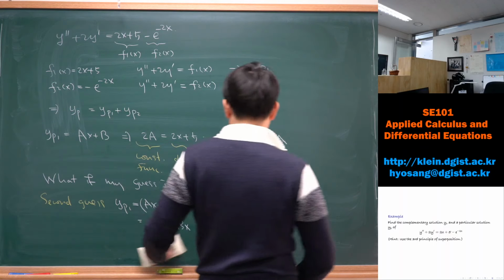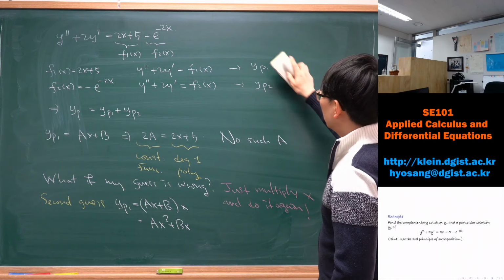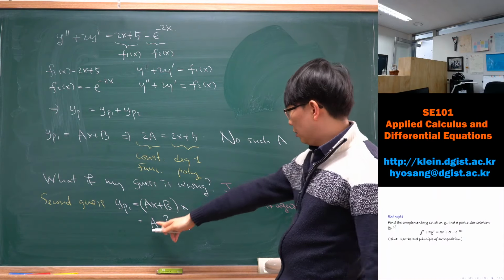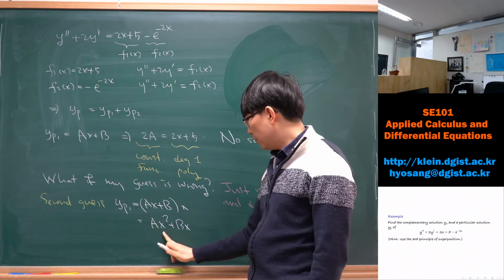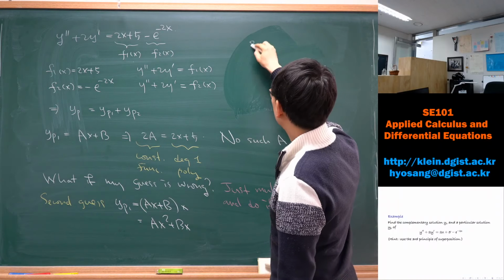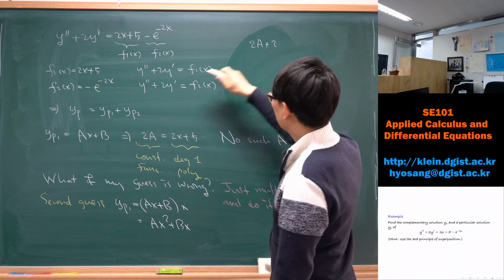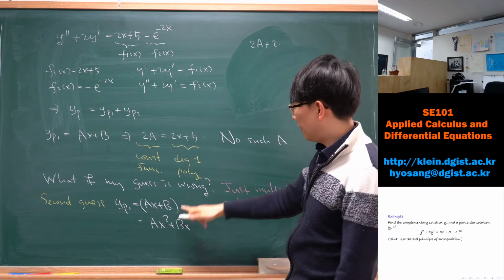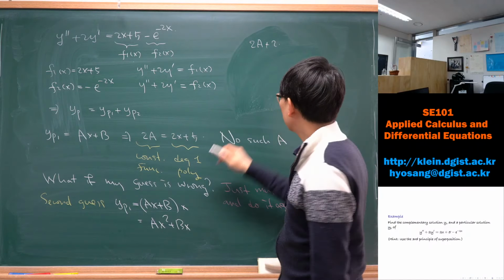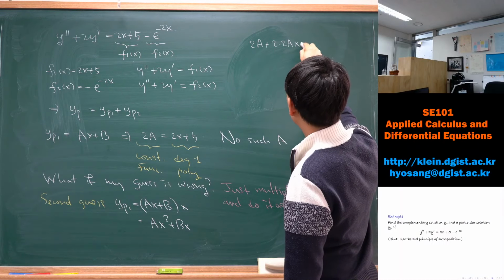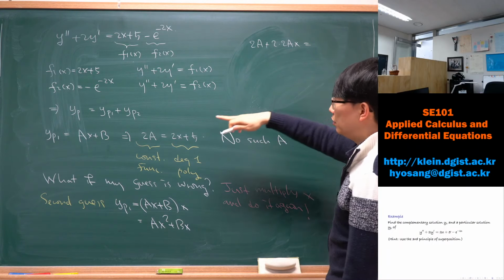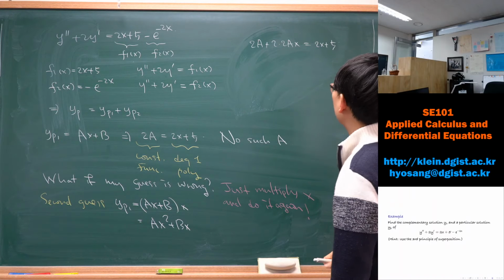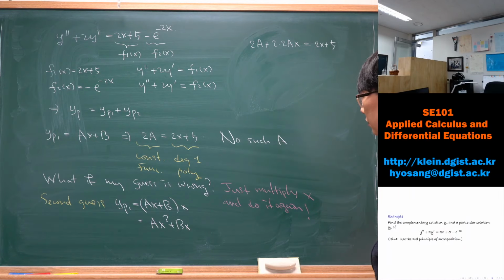Let me erase this. If I take the double derivative, I get 2a. So this is y double prime, and 2y prime, and y prime is 2ax plus b.